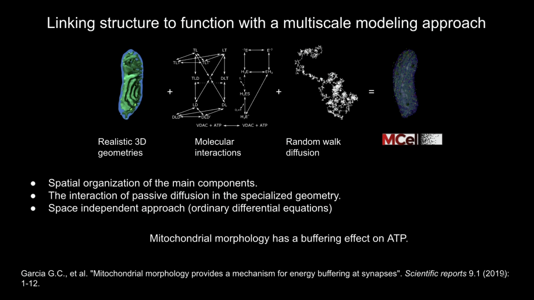And the main conclusion, very summarized, is that the morphology is actually buffering ATP. So ATP, you cross the two membranes in mitochondria, and the inside is called the matrix, and that's the place where ATP is produced.